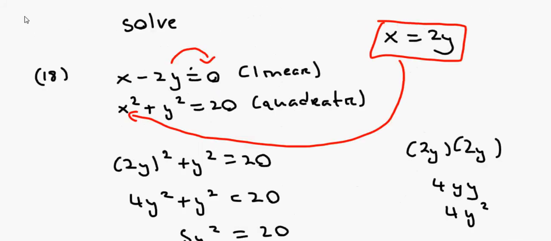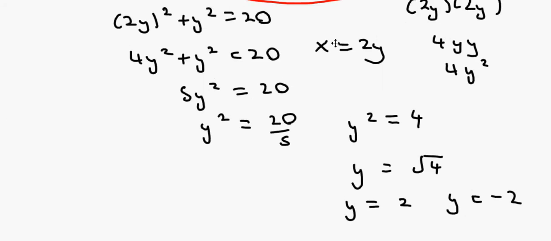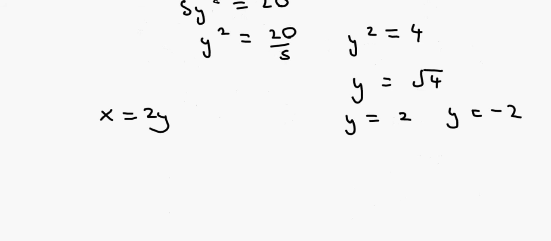So in order to do this, we need to bring this down: x equals 2y, please keep that in mind. So therefore when y is 2, x is going to be 2 times plus 2, which makes x 4.